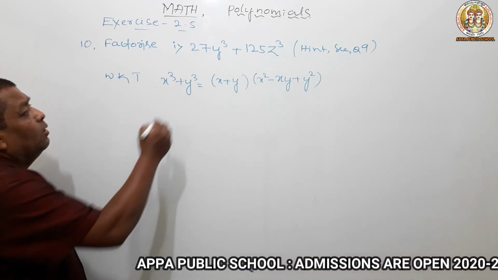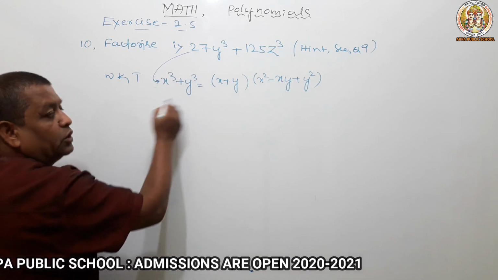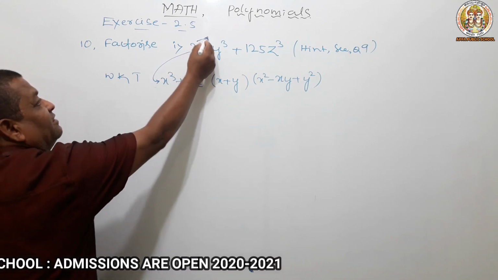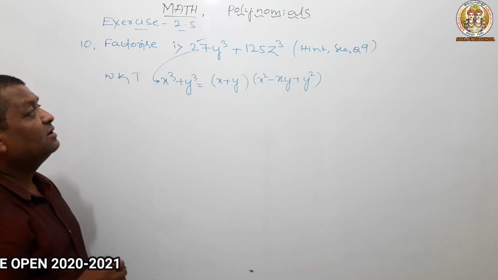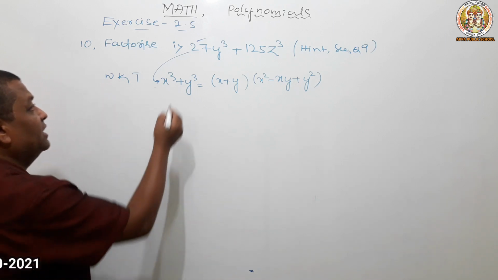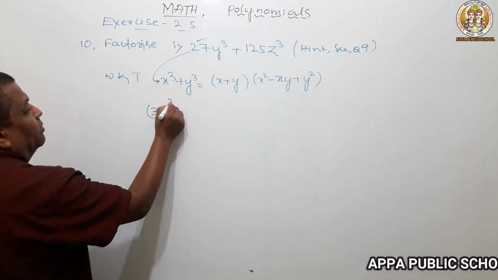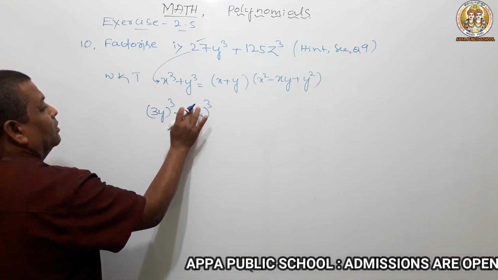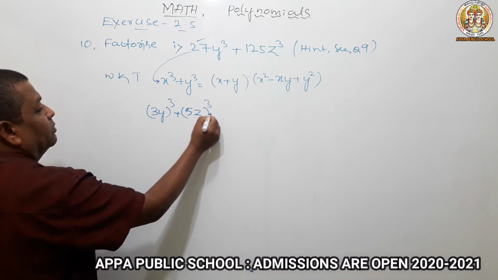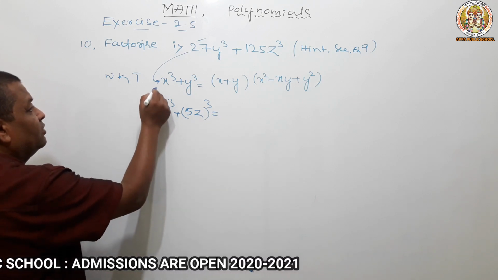Next, we need to convert this question to cubic form. Yes, it is a perfect cube. 27 is the cube of 3 and 125 is the cube of 5. Let's take that: 3y whole cube plus 5z whole cube.